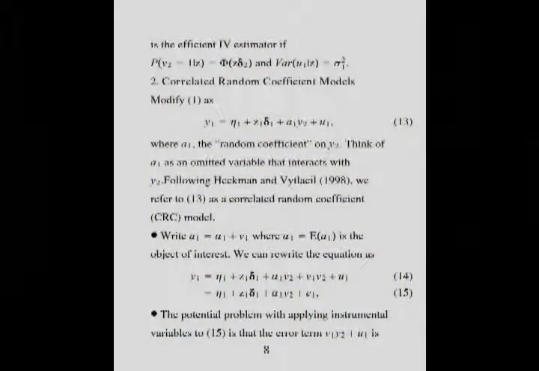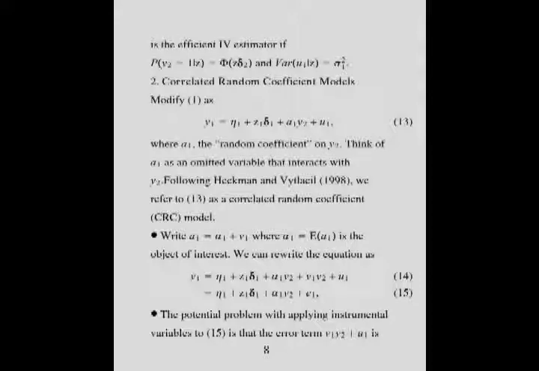So this gives you a way to use the binary nature of y2 if you must. But in the end, you're only going to get a very different answer if the probit model predicts y2 very differently from a linear probability model. It often doesn't actually make much of a difference. Okay, but that's just as robust, in the sense that as long as you use those as instruments and don't take the probit model seriously, it's fine.